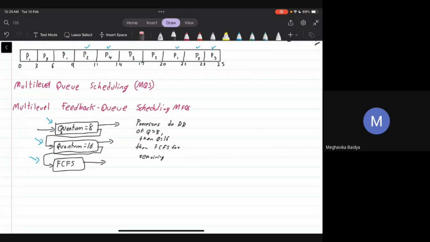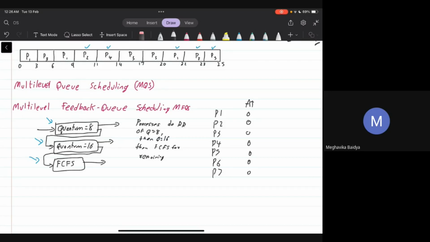So let's see. Let's do P1, P2, P3, P4, P5, P6, P7. And let's say the arrival time, let all be 0, so they all come together.